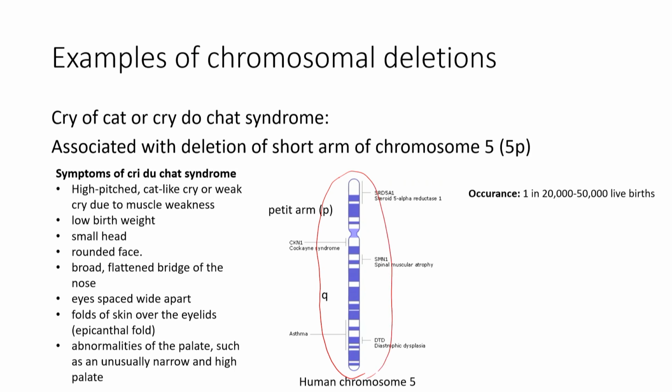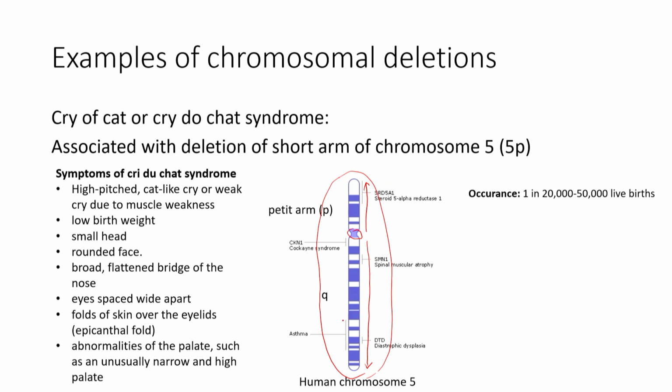This chromosome has 2 arms because this is the centromere. From centromere, this is one arm, and this is another arm. Now, the short arm, you call it as petite arm or P arm.